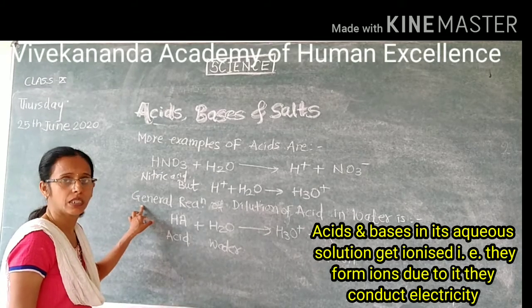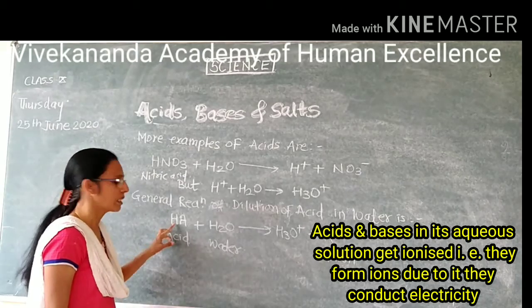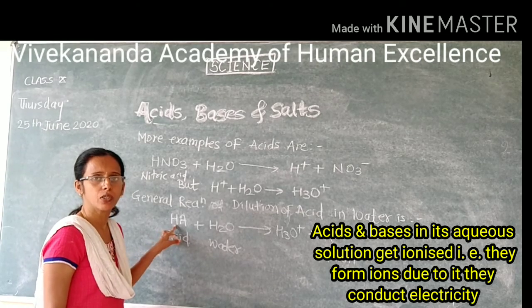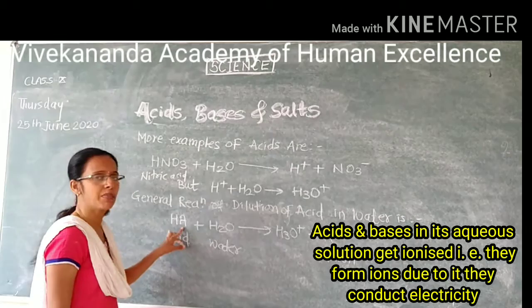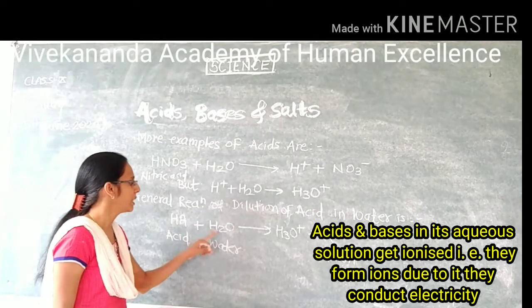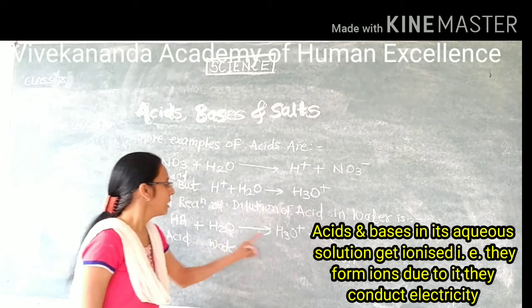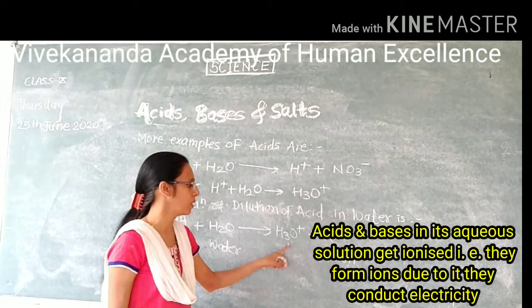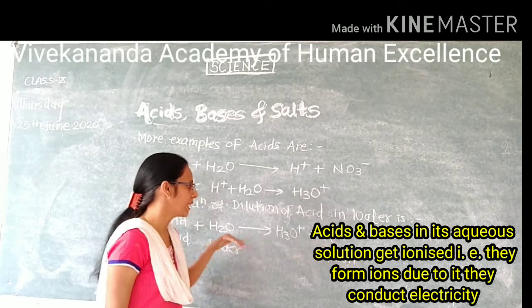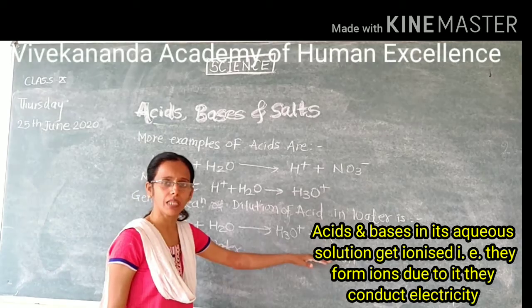Therefore, from all the examples of acid, HCl, H2SO4 or nitric acid HNO3, we can write the general formula for acid, that is HA. H means in all the acids there is presence of hydrogen, and A means the acid part. When it is diluted with water, it changes into hydronium ion and A minus, that is the anion. If there is HCl, the anion will be Cl minus.